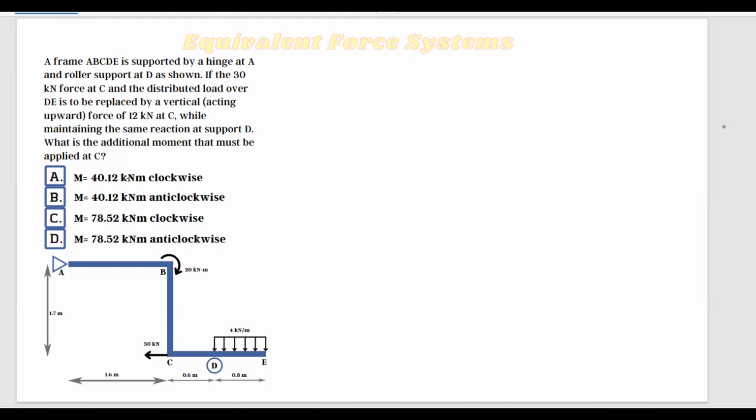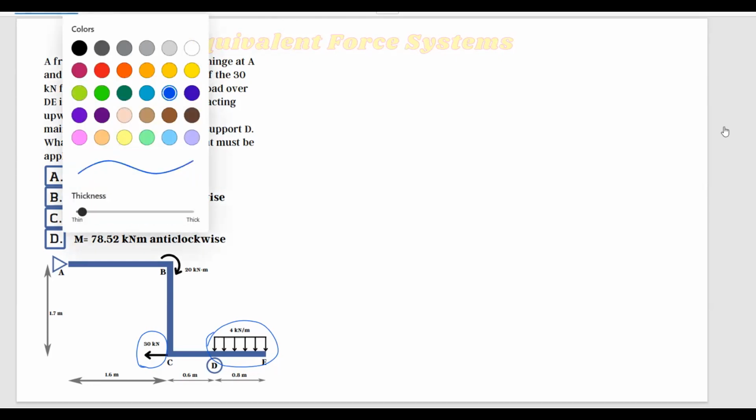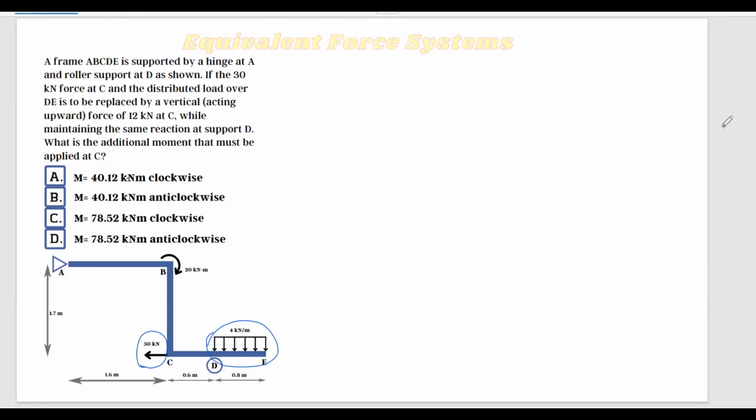If the 30 kilonewton force at C, they're talking about this one, and the distributed load over DE are to be replaced by a vertical force acting upward at C, so they're saying these two forces are replaced with a 12 kilonewton force acting upward at C, while maintaining the same reaction at support D, what is the additional moment that must be applied at C?